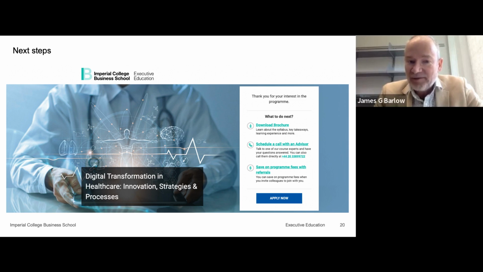Although, as I said at the beginning, the issues around getting digital technologies and other innovations in healthcare adopted are often very similar right across health systems, there are differences. So the more people who come from outside the UK, the more we can learn different perspectives from different parts of the world.